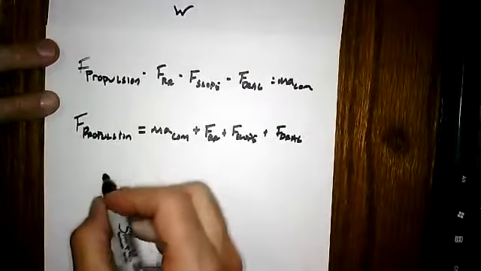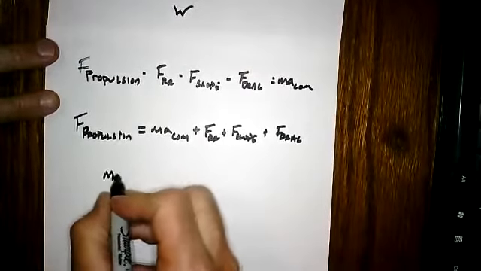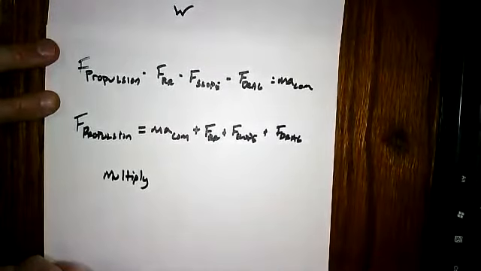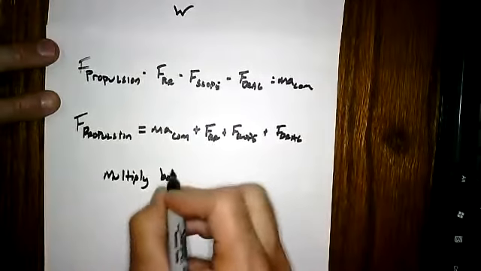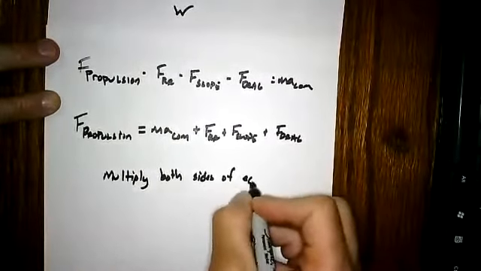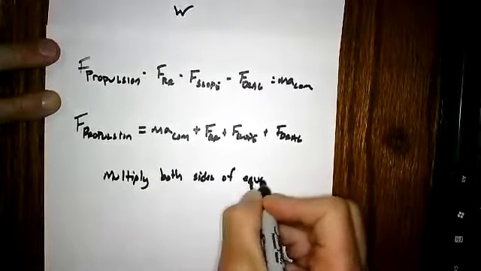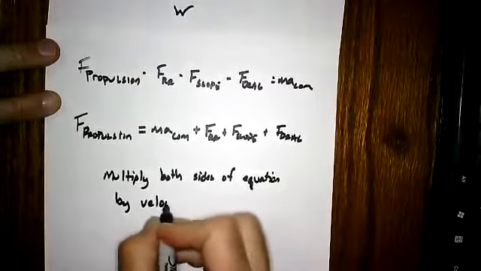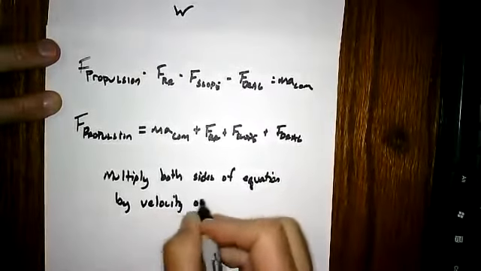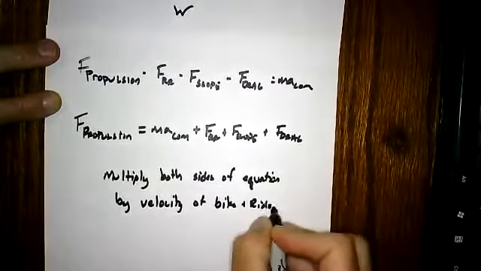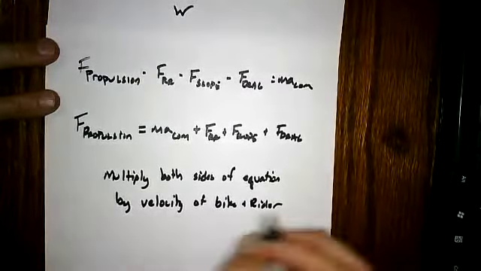Well, here's the trick: I'm going to multiply both sides of the equation by the velocity of the bike rider. How fast a cyclist is going, okay?